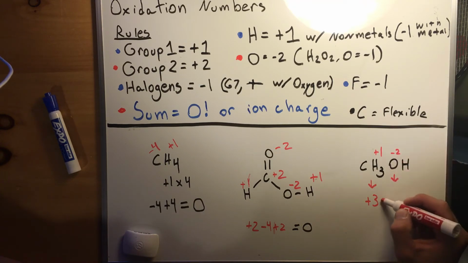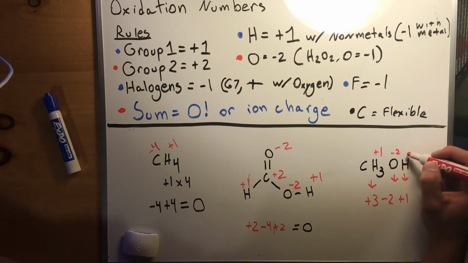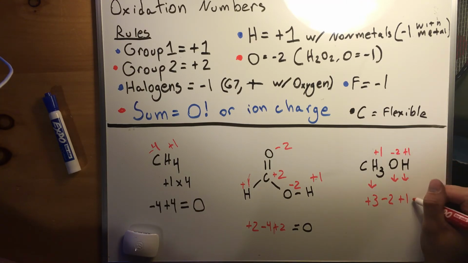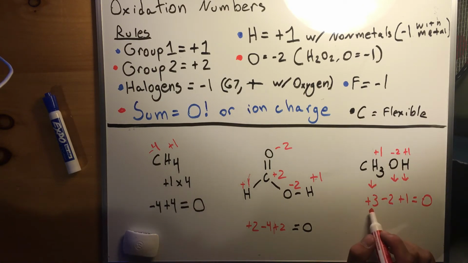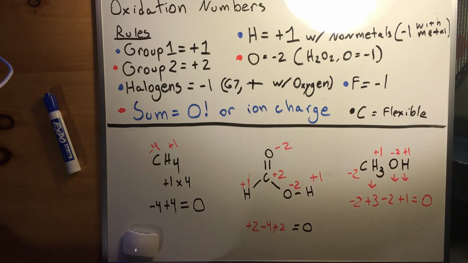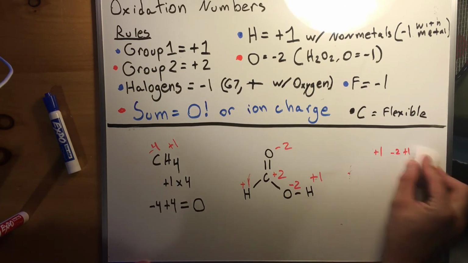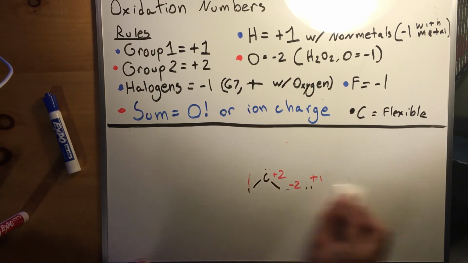Oxygen is a -2. Hydrogen is a +1. We know our sum should be 0. So +1, +3, -2 is +1, +1 is 2. So carbon must be -2. So there's some carbon, oxygen, hydrogen examples. That's common OChem examples. Let's do a couple other ones just to practice some more rules.